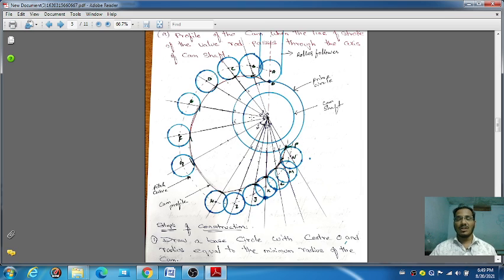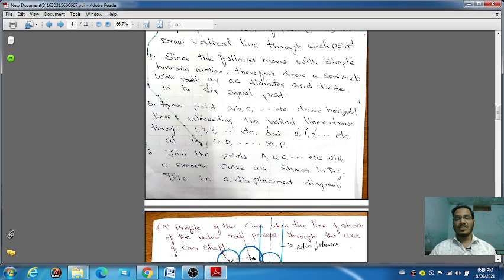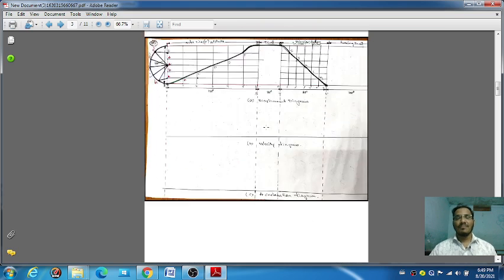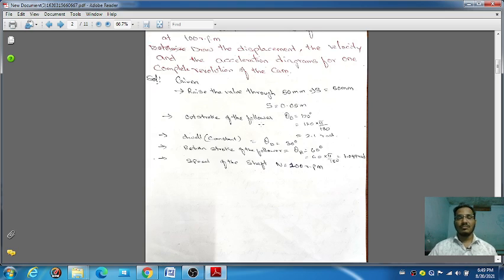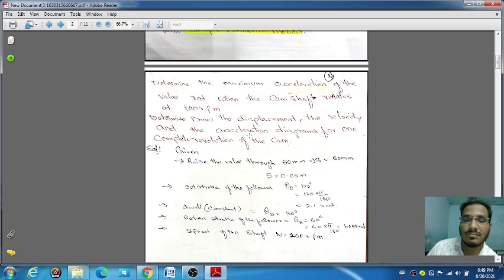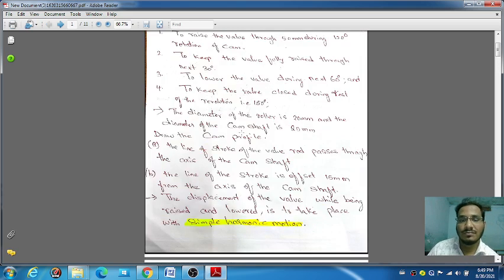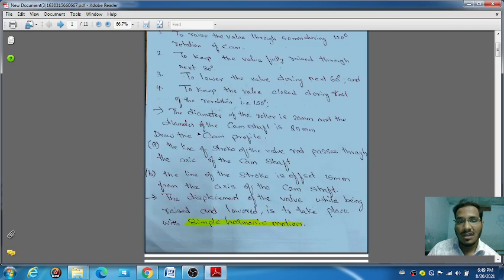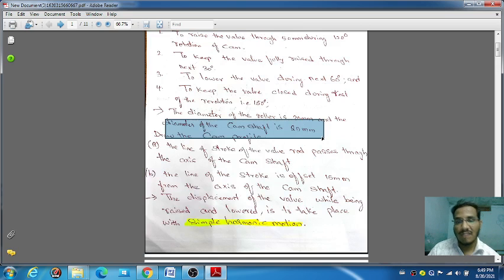The radius of the circle is already given in the question. The diameter of the roller is given and the diameter of the camshaft, 25 mm, is given. So divided by 2, 25 gives 12.5. That 12.5 is the radius in mm.